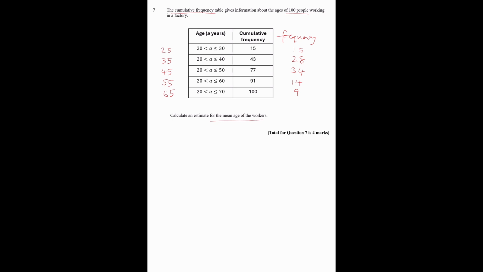So an estimate for the mean is going to then be the frequency times the midpoint, add them all together, and then divide by the total frequency, which is 100. So we're going to do 25 times 15 plus 35 times 28 plus 45 times 34 plus 55 times 14 plus 65 times 9.